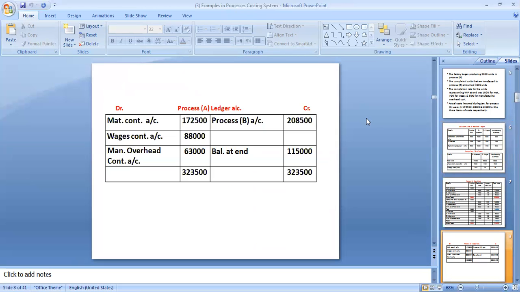Also, he didn't prepare the process A ledger account, or the process general ledger account, but we explained it last Monday. So these are the input costs, and these are the cost of output, either what we produce and deliver to process B, or what remains at the end as work in process.